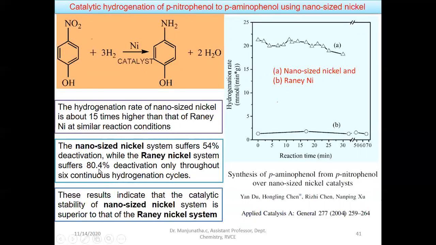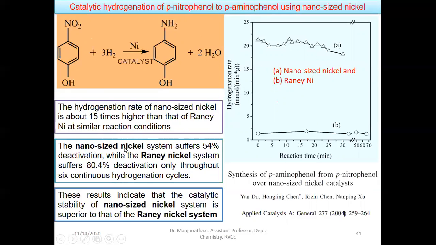And they also found that when used for more cycles, the nano-sized nickel system suffered just 54% deactivation, while the Raney nickel system suffered 80.4% deactivation upon using 6 continuous hydrogenation cycles. This indicates nano-sized nickel is still efficient to catalyze this hydrogenation reaction.